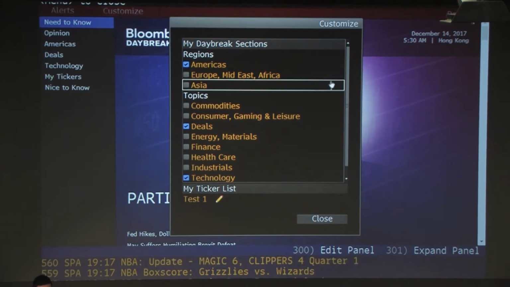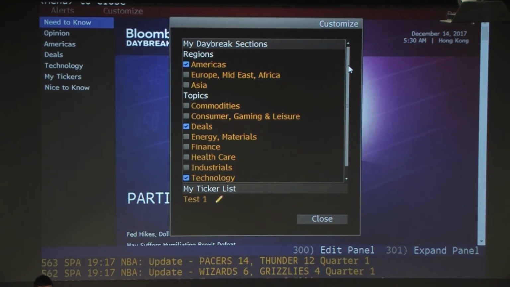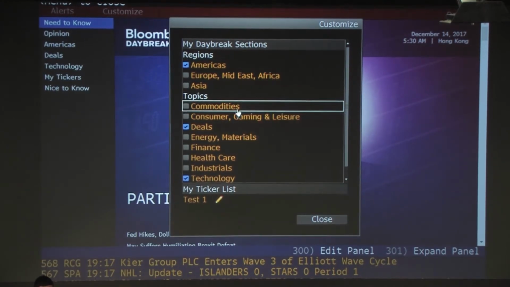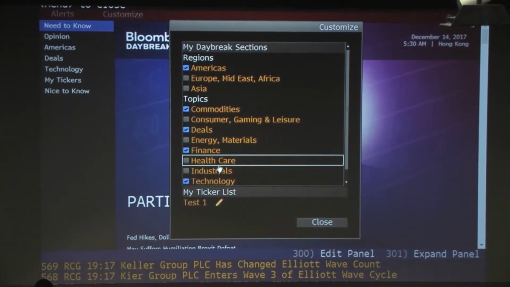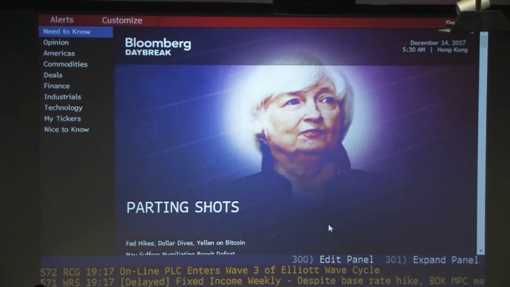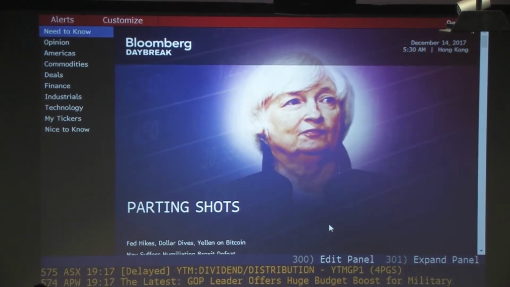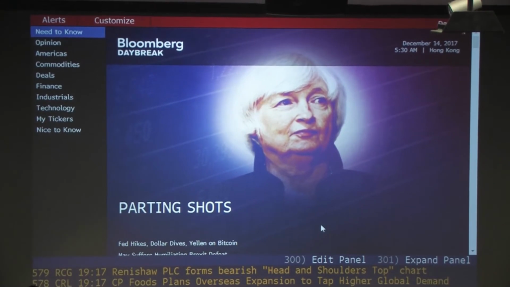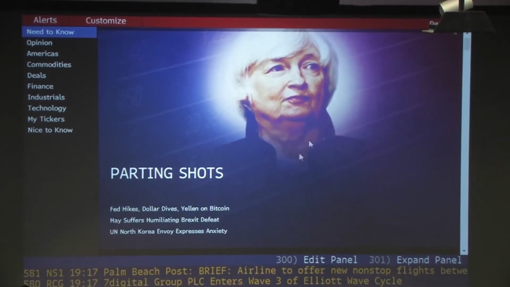You can select certain areas that you want to customize. So if you're interested in Americas and commodities, finance, industrials, or different areas, you can tailor it your way, and then boom, it updates in real time. You can see what's going on in Bloomberg in terms of news.